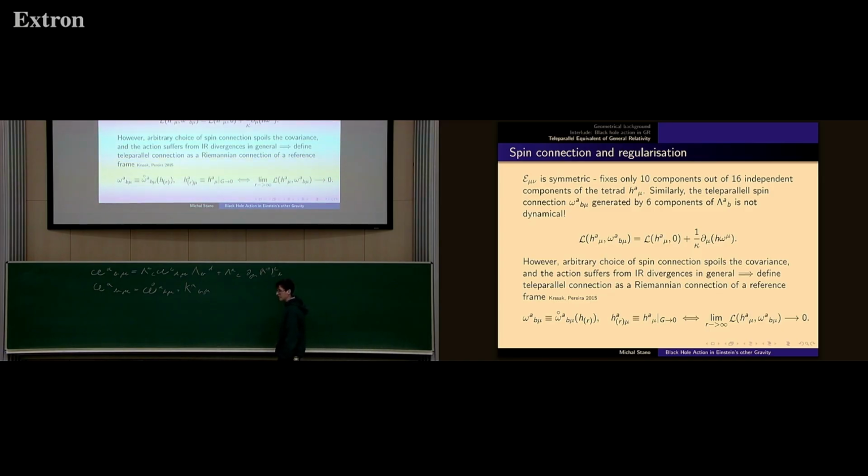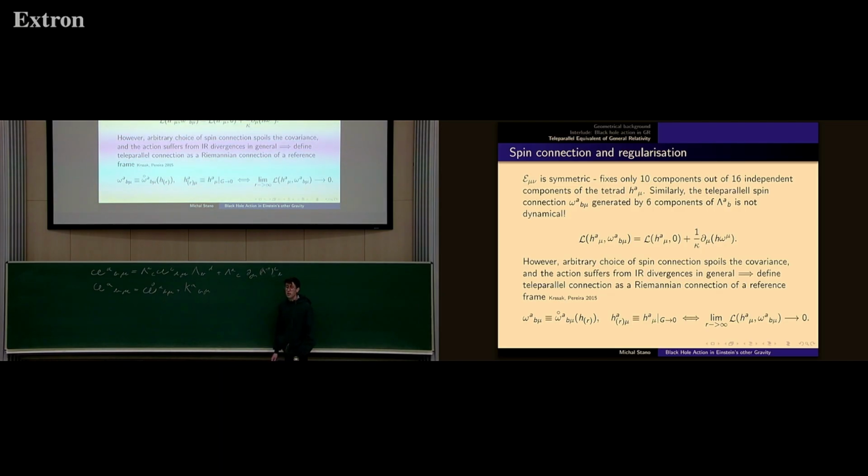Okay? The problematic part is that we want to evaluate the action. Therefore, it turns out problematic to work with an arbitrary connection, because just like in the case of GR, and just like when we assume the inclusion of the Gibbons-Hawking-York boundary term, it turns out that these teleparallel actions usually suffer from the same divergences as in GR.